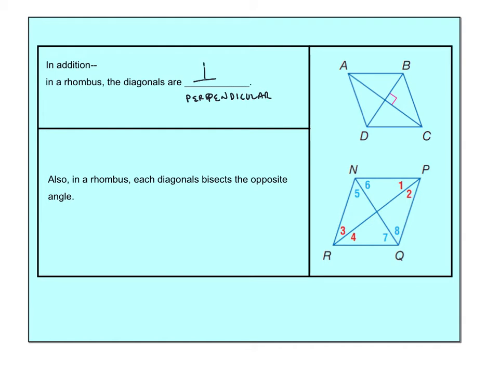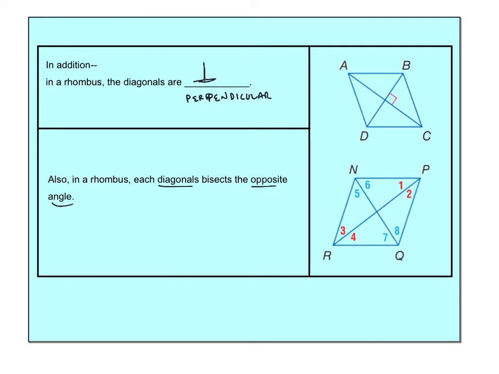So they create 90-degree angles. The diagonals create 90-degree angles. And also as a result, the diagonals bisect the opposite angles. Now remember all the rules of parallelograms: opposite angles congruent, consecutive angles supplementary, all those things. But it also bisects the opposite angle.